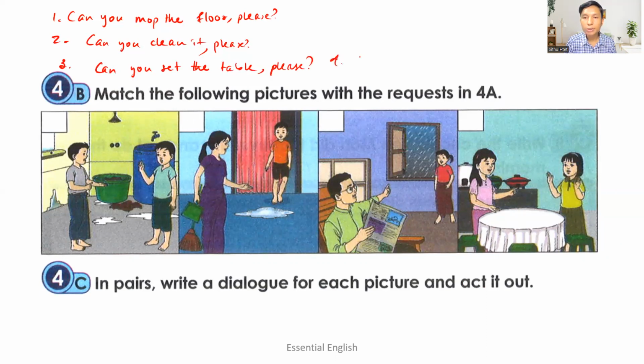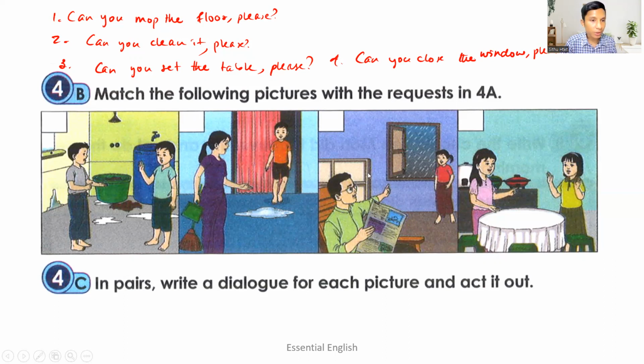And the fourth one is, can you close the window, please? So these are the requests we have made in exercise 4A. Now you have to match the requests with the pictures.